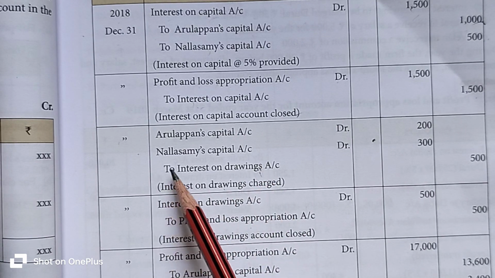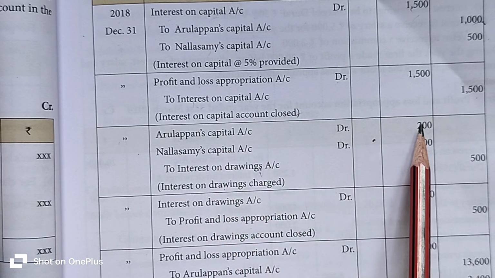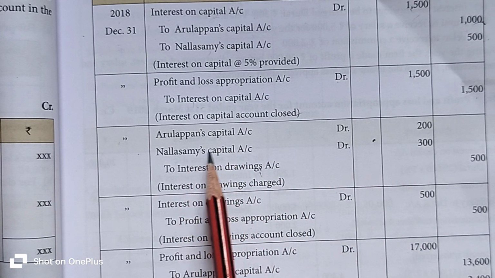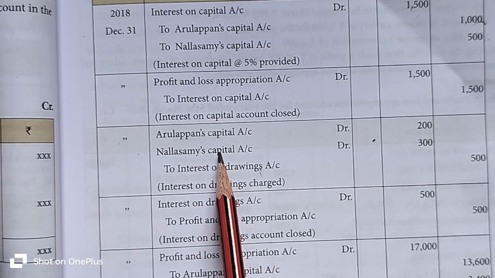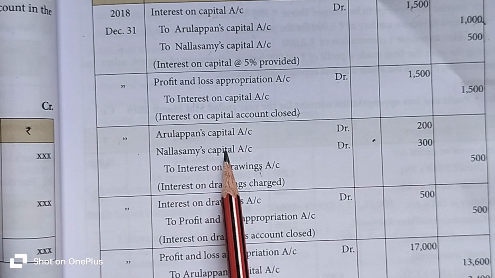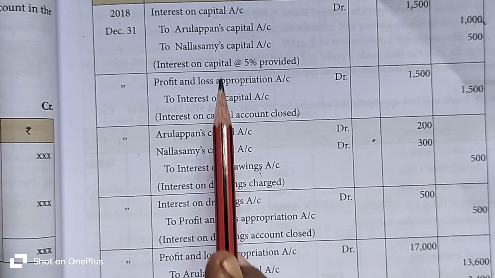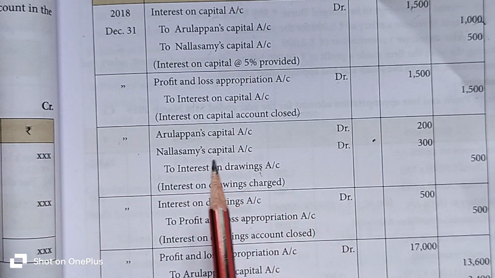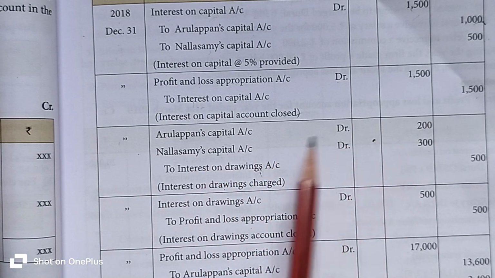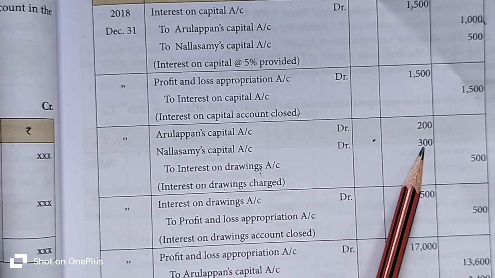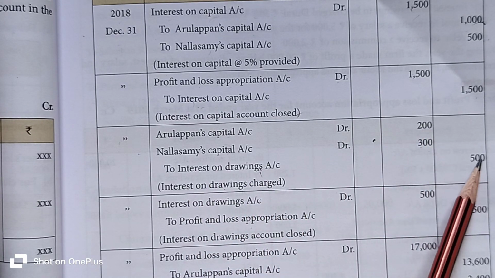So Arulappan's capital is debited 200 rupees and Nallaswamy's capital, why do we write capital? We have to assume the sum as the fluctuating capital method, so you have to use Arulappan's capital and Nallaswamy's capital, not the current account. Arulappan's capital 200, Nallaswamy's capital account debit 300 rupees. So total interest on drawings is 500 rupees.